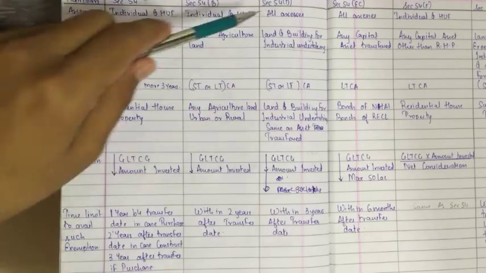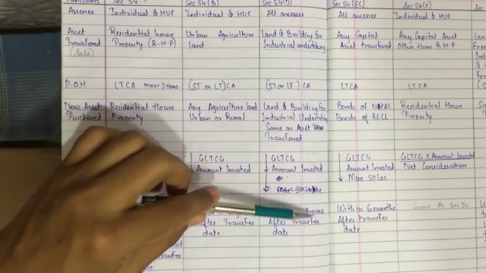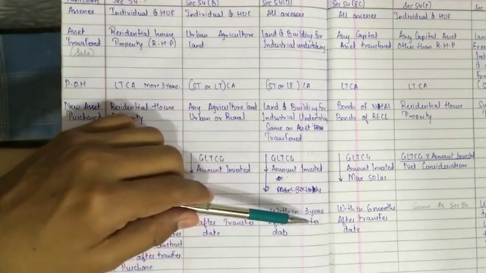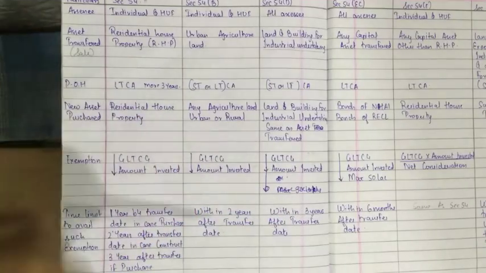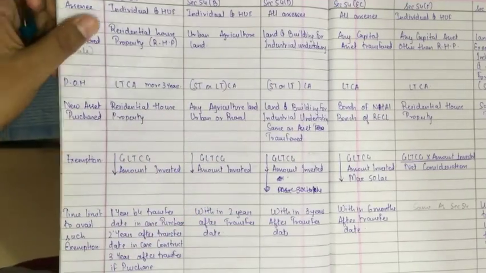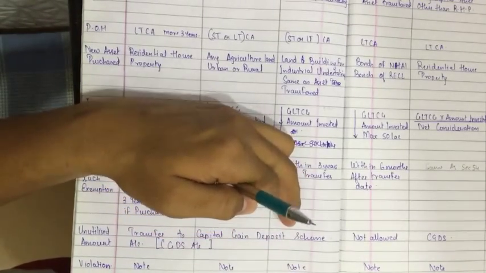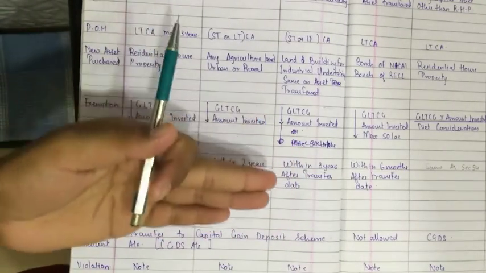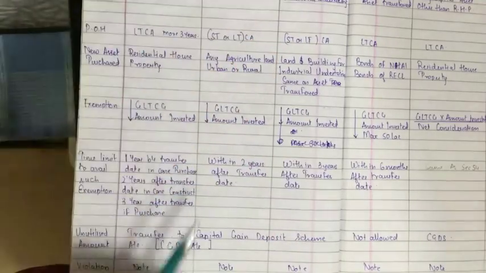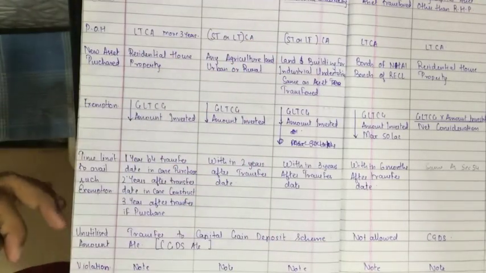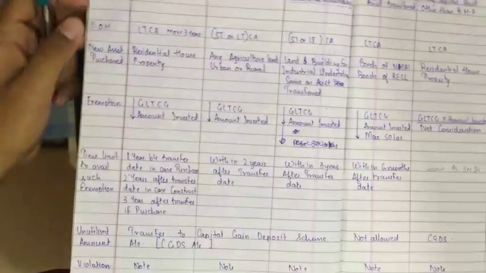Till then, you have to deposit the capital gain amount in the CGDS account. At the time of purchase, say at 2.5 years, you can withdraw it and you will get the exemption. So this is all very simple.